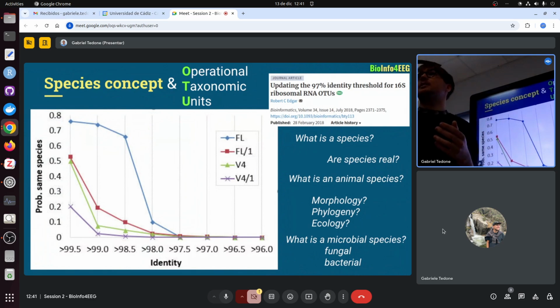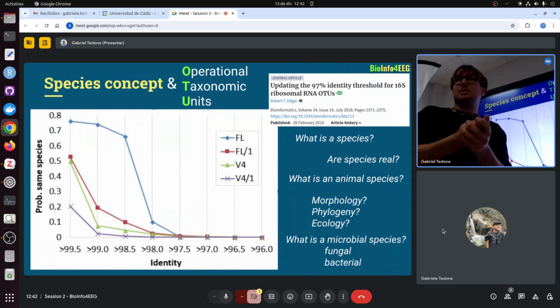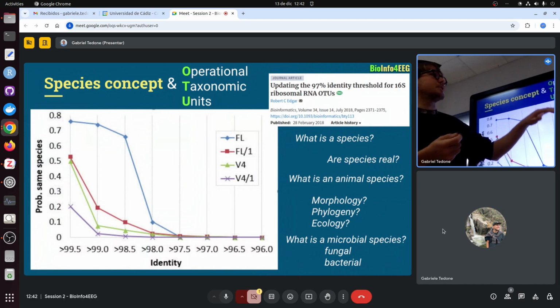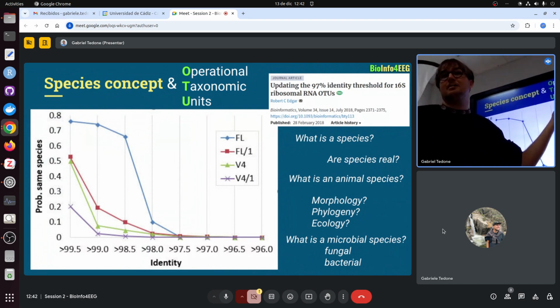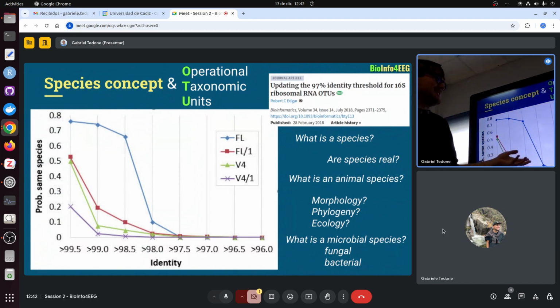He doesn't care if there's variation within the species because he identifies them morphologically, more typical of classical taxonomy. However, here we're working with molecular taxonomy or phylogeny. So, what is a species? What is a bacterial species?